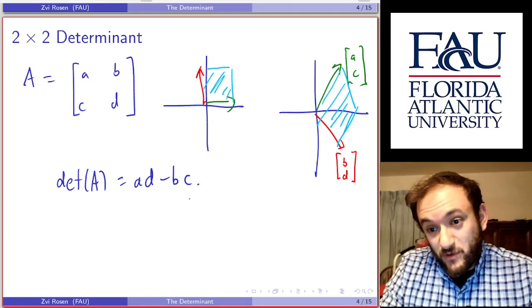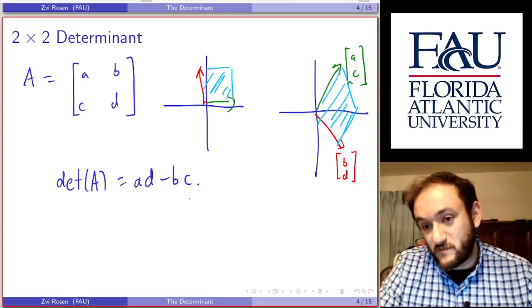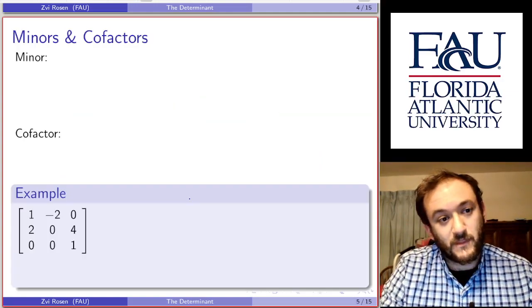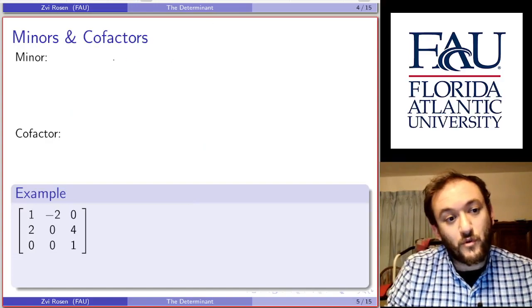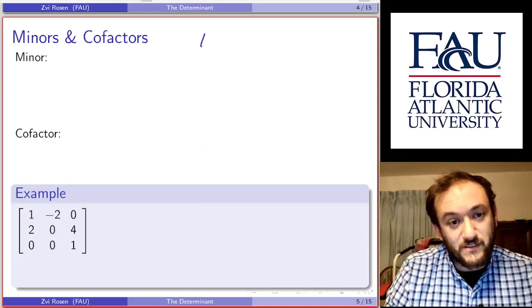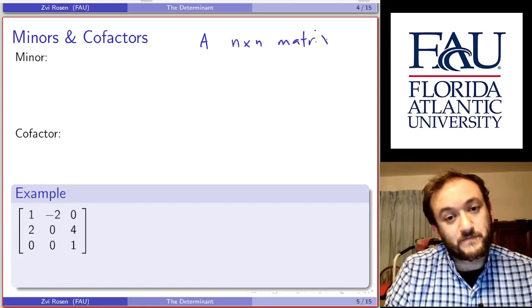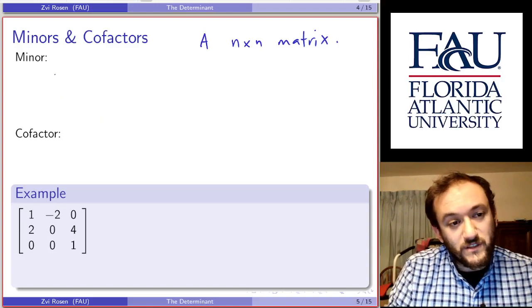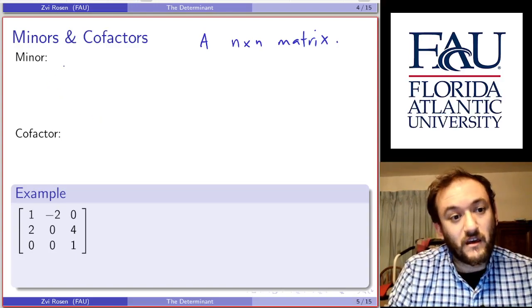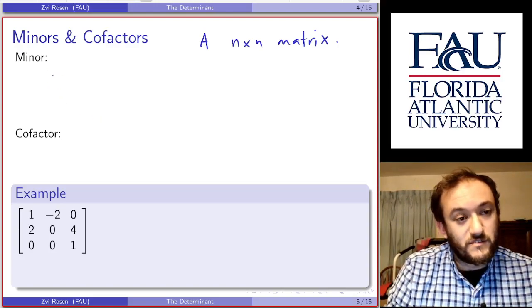To go to the 3x3 determinant, we're going to start introducing some new notation. Okay, so for a matrix A, let's say A is a square matrix, n by n matrix. We're going to define a minor of A to be the following.